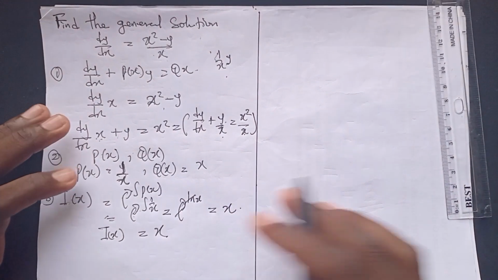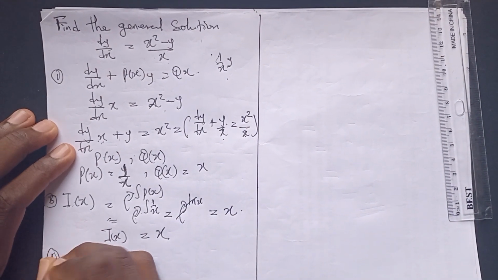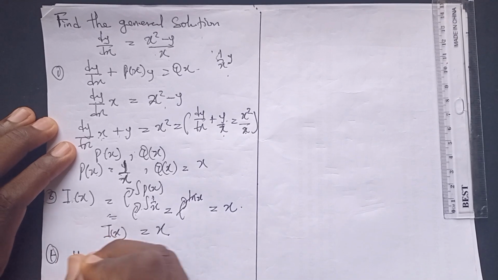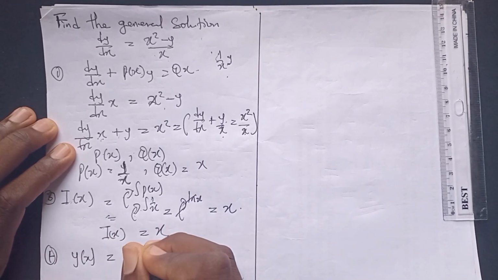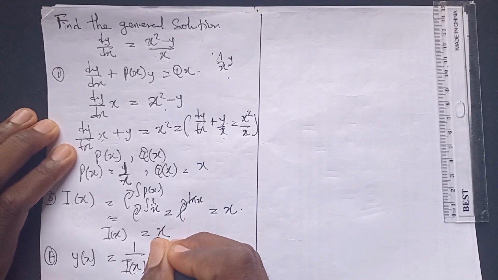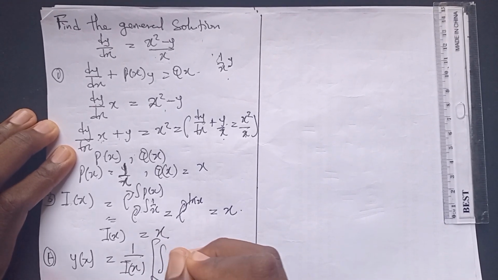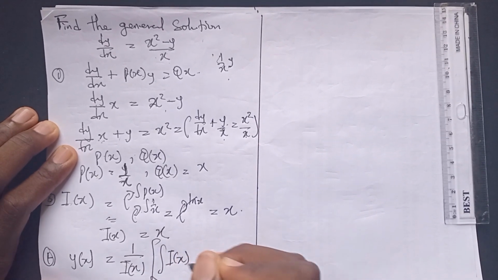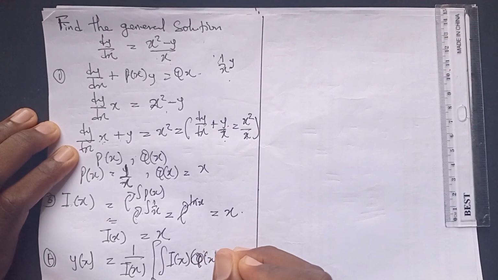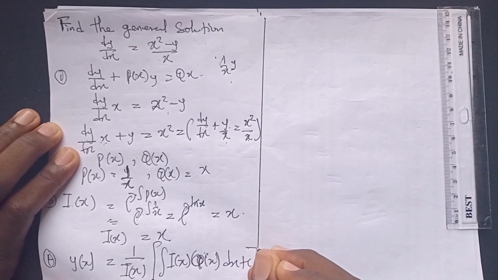So now step 4. The next thing to do is to introduce the general solution. The general solution is y of x equals 1 over I of x times the integral of I of x times q of x dx, plus c.